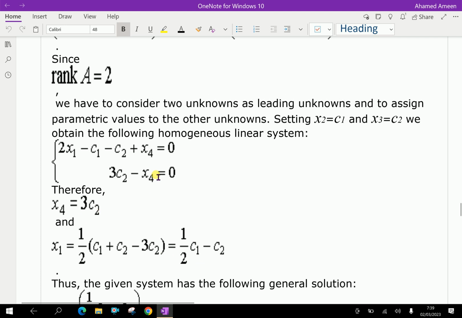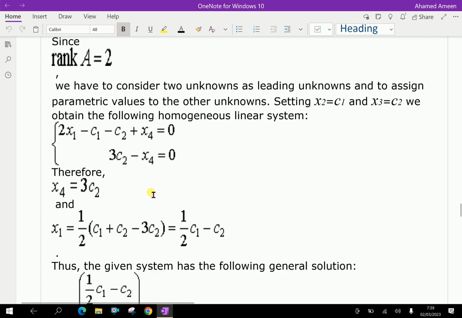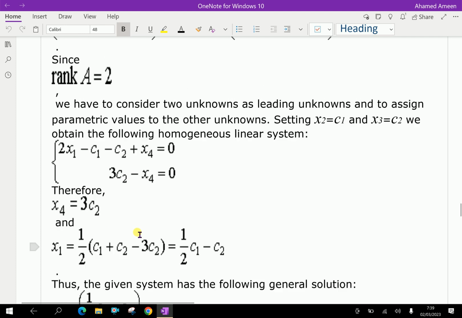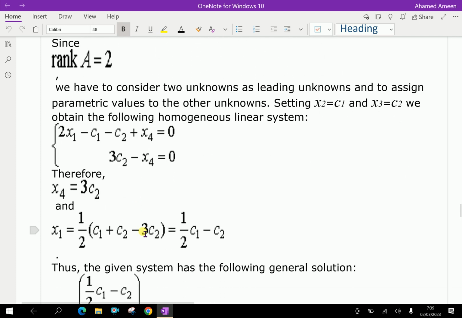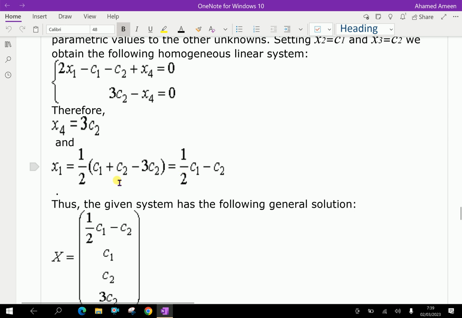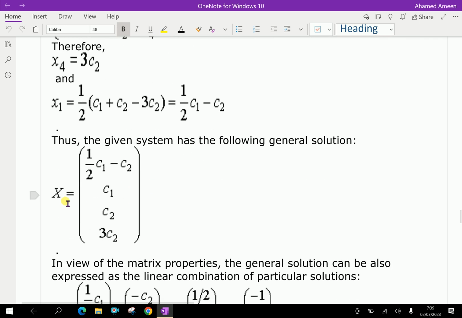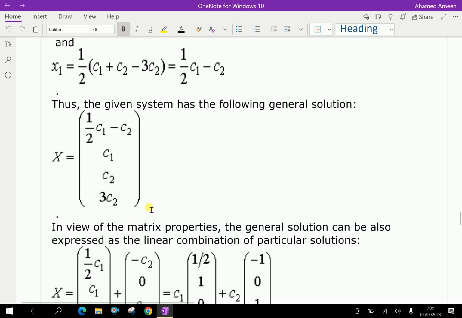Substituting, we get these relations. Therefore the solution is x equals half c1 minus c2, c1, c2, 3c2.